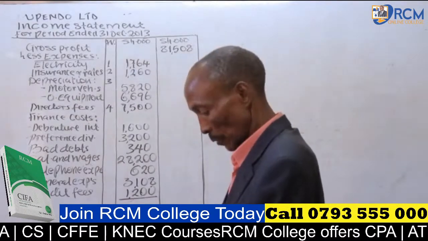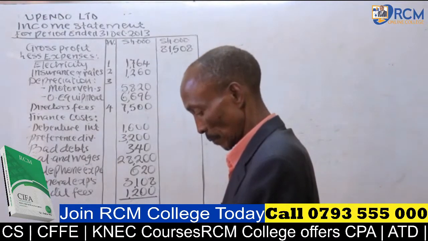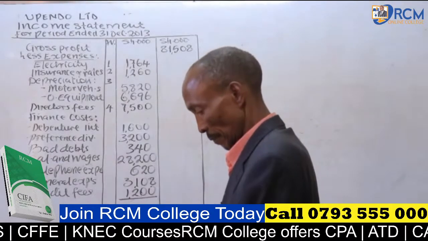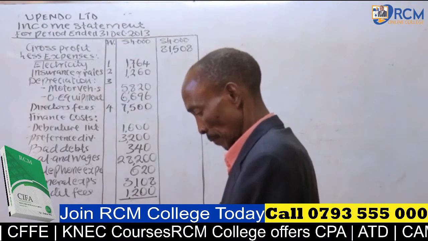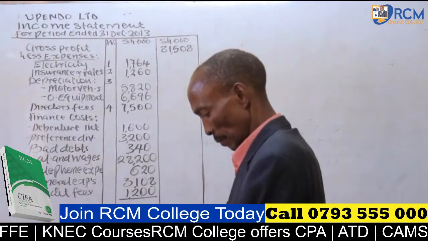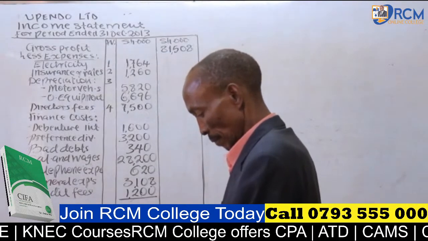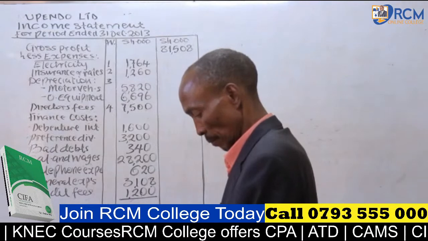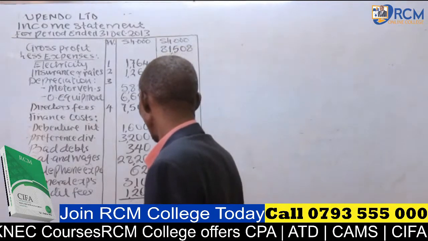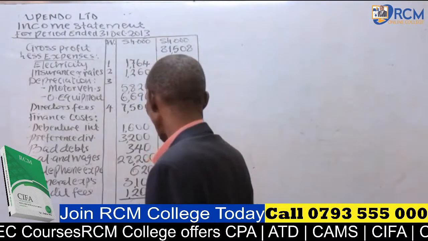64 plus 1260. Yes, we have 61308. This represents the total expenditure or expenses.